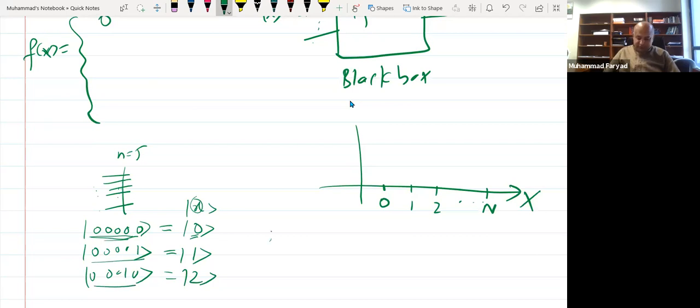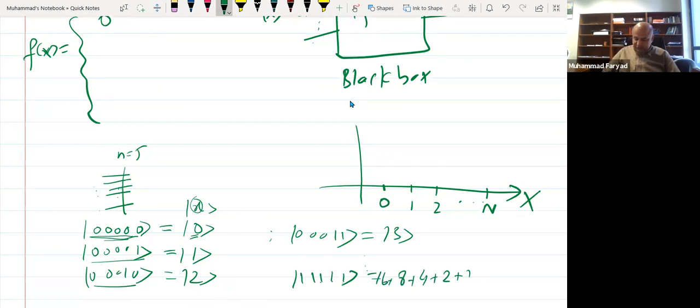This is a label. Similarly, if the input is like this, then I will say that input label is 3. So all the way to this one, where this number would be 1 plus 2 plus 4 plus 8 plus 16, right?